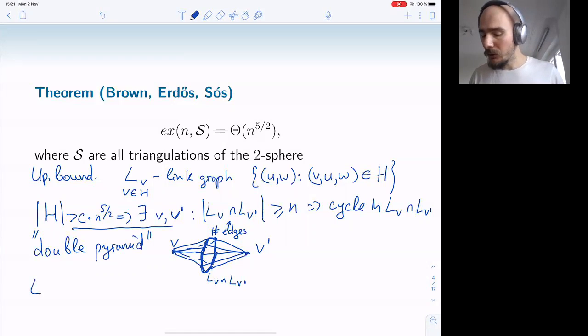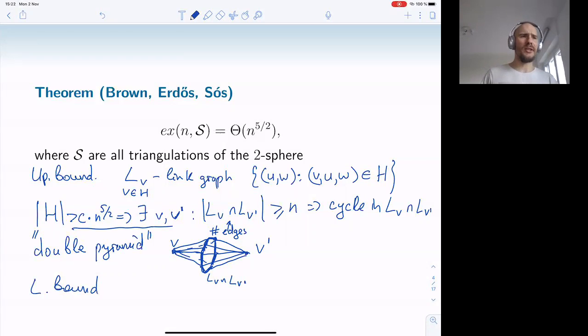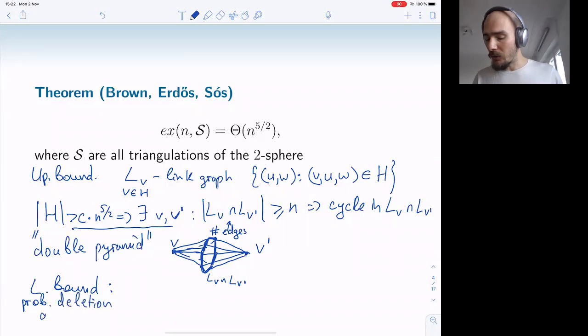The lower bound, there are two ways to do it. In the case of the sphere, I'll present you one way that would be useful for the other cases. It's basically a probabilistic deletion argument. So what you would do is take a random hypergraph with edge probability roughly 1 over square root n.